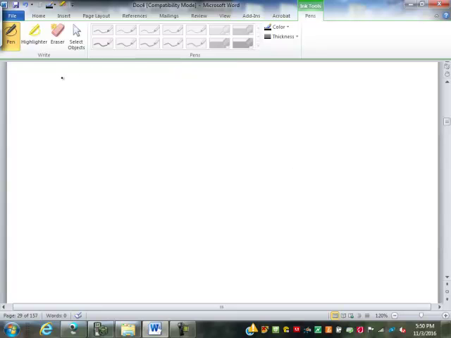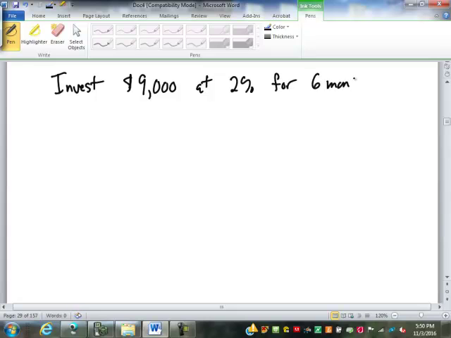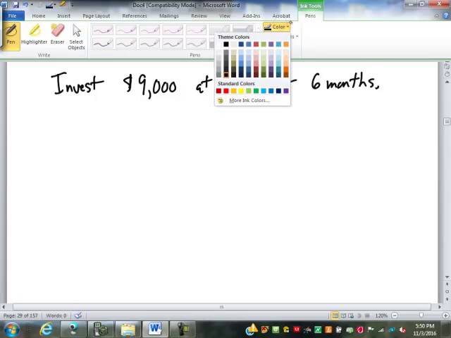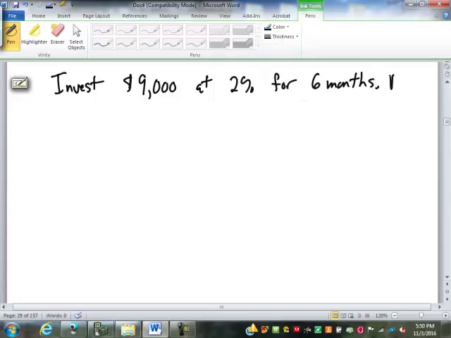So let's take a look at, let's say you are going to invest $9,000 at 2% for 6 months. Want to find the maturity value. Well, step one is to find the interest.